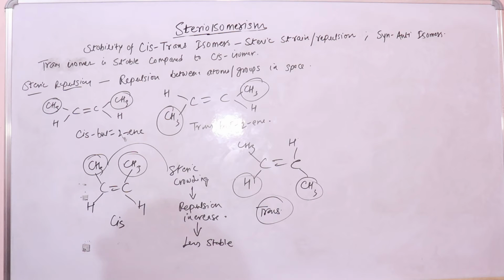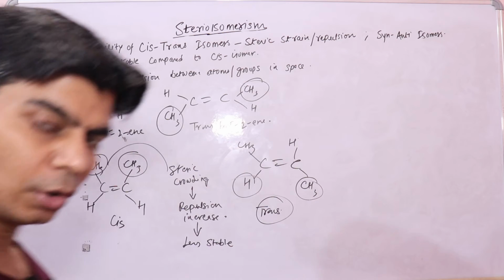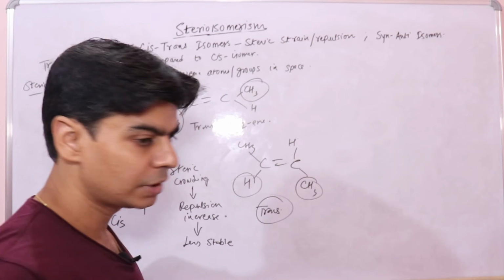If you want to define steric repulsion or steric strain, steric strain is when two atoms, or groups of atoms in an organic molecule, are at a distance less than or equal to the sum of the van der Waals radii. They repel each other. What is van der Waals radii?